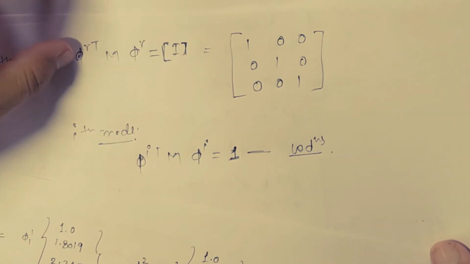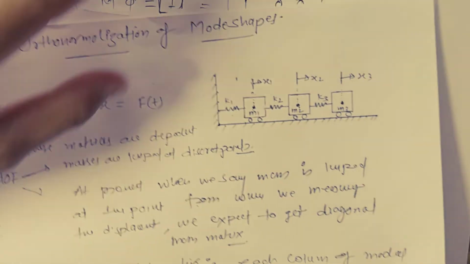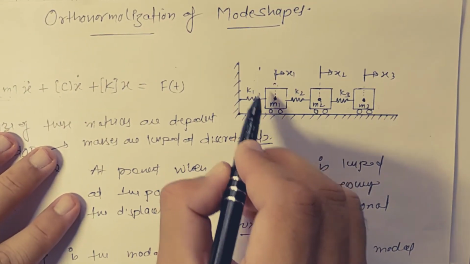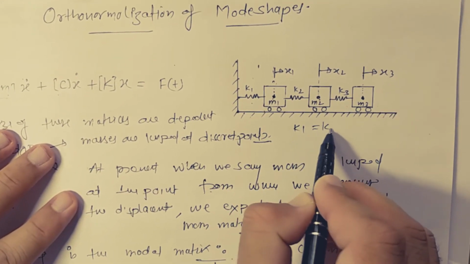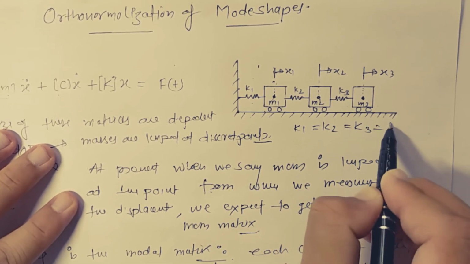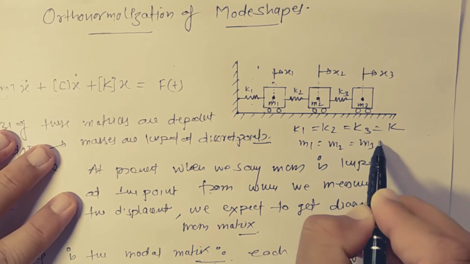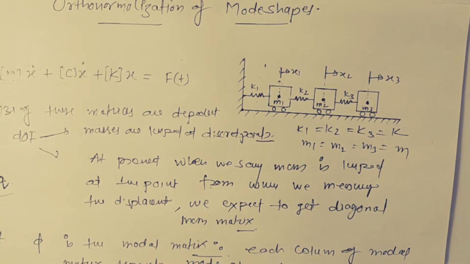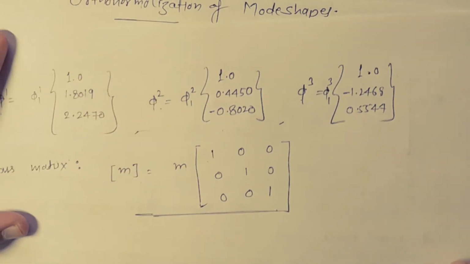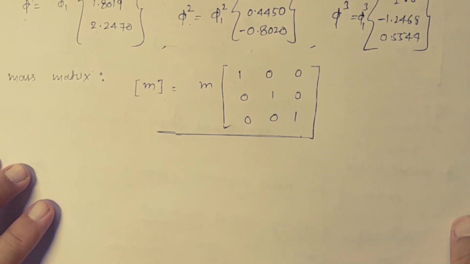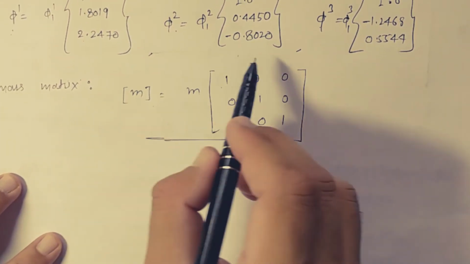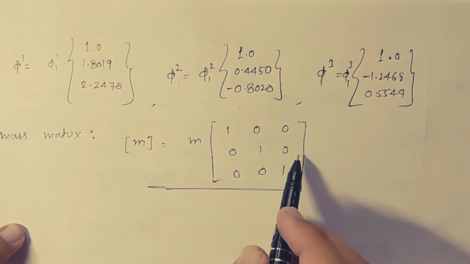So that example was this one only. In this we considered K1 equals K2 equals K3 equals K, and M1 equals M2 equals M3 equals M. Then we got these mode shapes. So now we'll consider how to normalize, or mass normalize, these mode shapes.